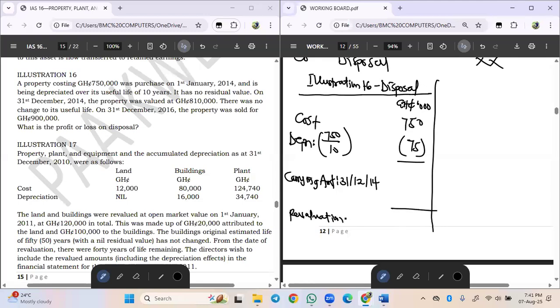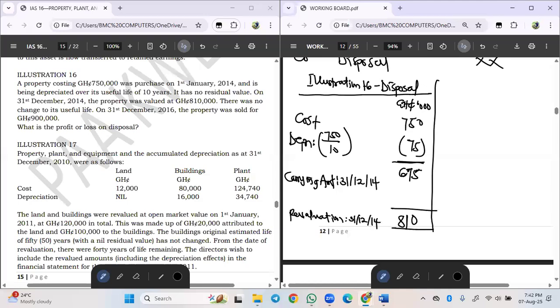Then the revaluation happened on 31st December 2014. $675. 675. The revaluation is 810.